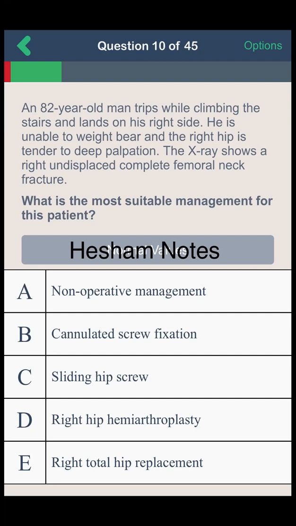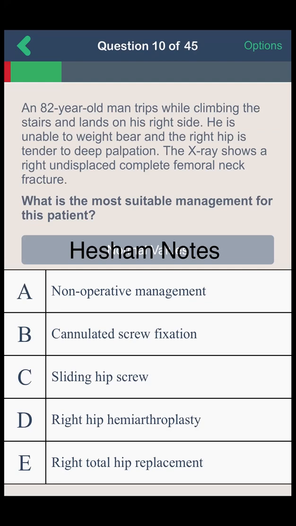This is undisplaced, so I'll go directly for cannulated screw. If displaced in young age, it will also be cannulated screw. But if this is a displaced fracture and the patient is more than 65, I'll go for hemiarthroplasty. Then the best choice for this patient who is undisplaced will be cannulated screw.